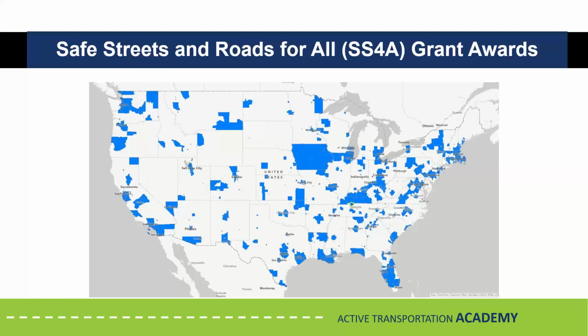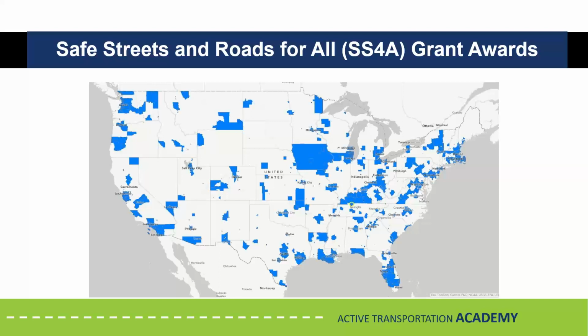Through 3 announcements in 2023, Safe Streets and Roads for All grants have provided $1.7 billion in direct funding to over 1,000 local communities. Combined, these will improve roadway safety planning for around 70% of the nation's population. Communities can apply directly to the FHWA for funding to support the development of a comprehensive safety action plan or a Vision Zero plan focused on eliminating fatalities and serious injuries.